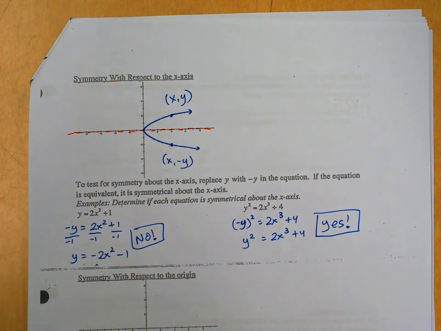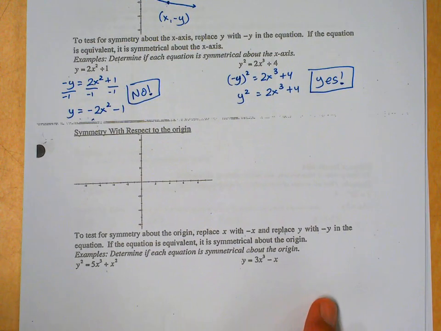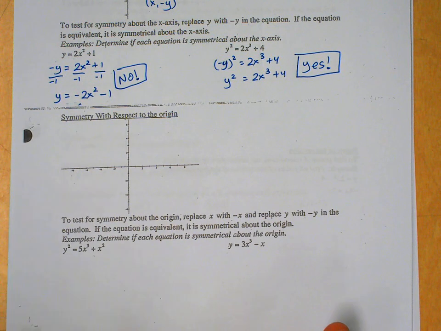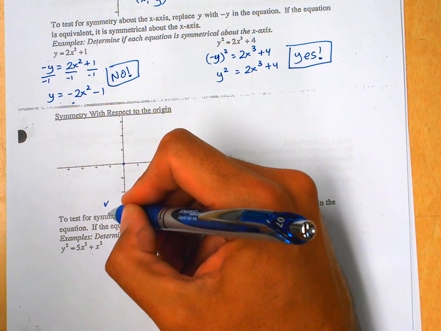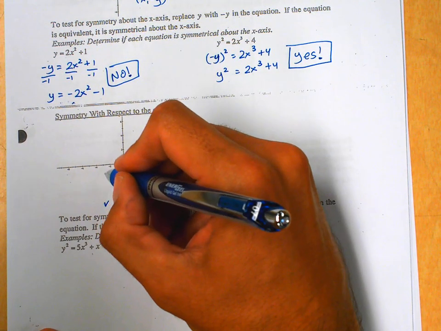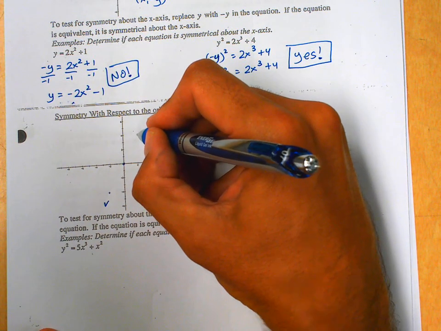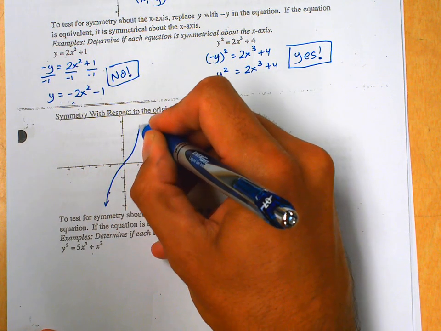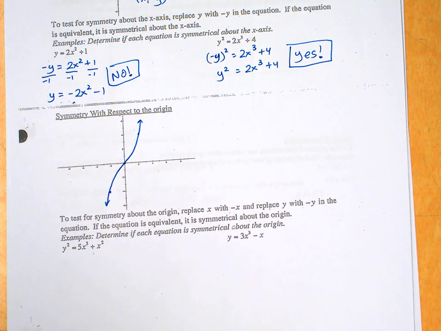Now, last piece is symmetry about the origin. All right, the most obvious function that's symmetric about the origin is the cubic function. And so it looks something like that.